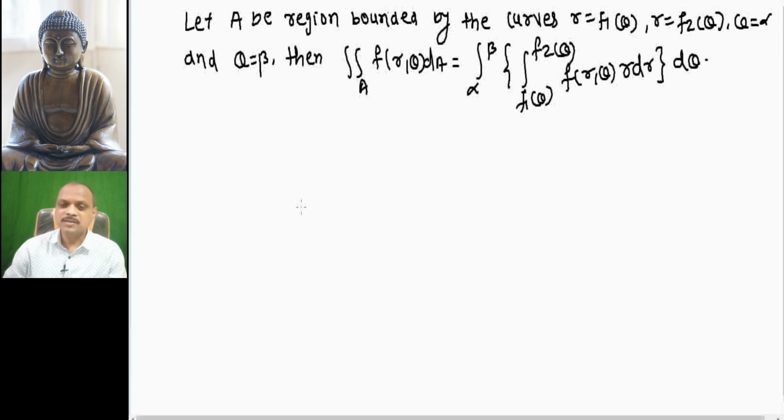Now to do this, let us suppose we divide the region A into small elementary areas of delta A r. Let me draw it first.